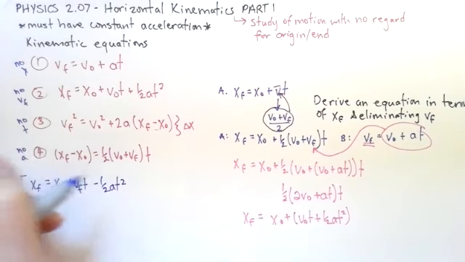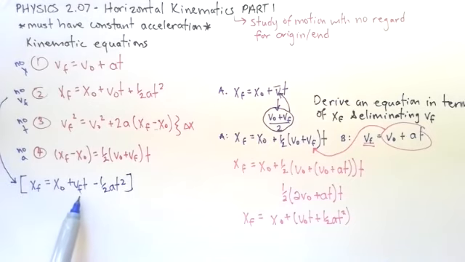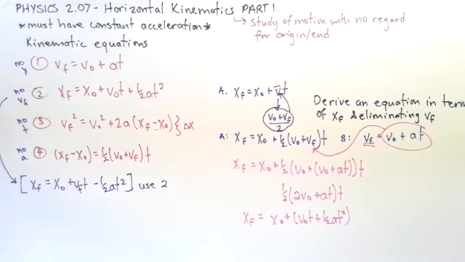A couple times in the homework, I think you might see this, where you can rewrite equation 2 so that it has final velocity instead of initial. And you flip the positive to negative, but I think you only use this twice. And you hardly ever see it, so I debated on whether to include it or not.